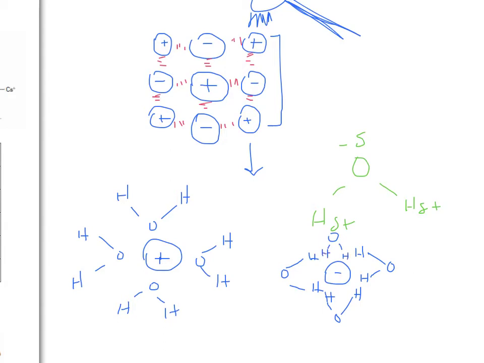Now, if this attraction becomes too great, let's say for example I had a 3 plus or a 2 minus, I might not be able to make enough ion dipole attractions and get enough energy out to overcome the strength of those ionic bonds. So some ionic compounds are not soluble in water. It depends on the charge difference between your ions.